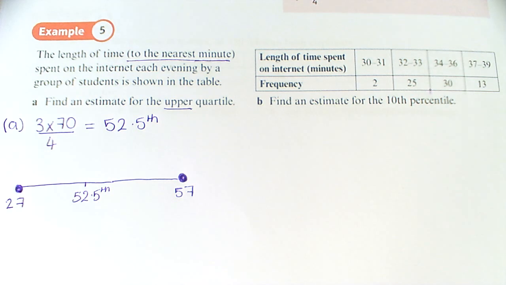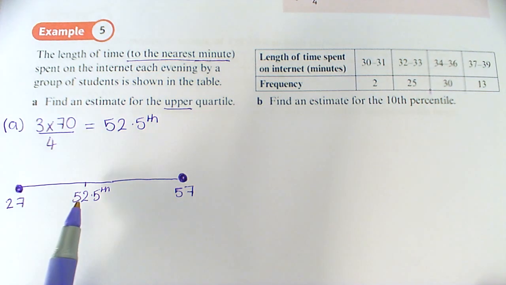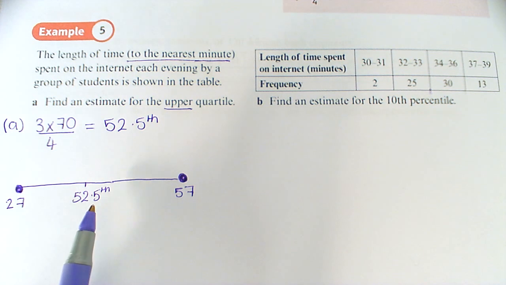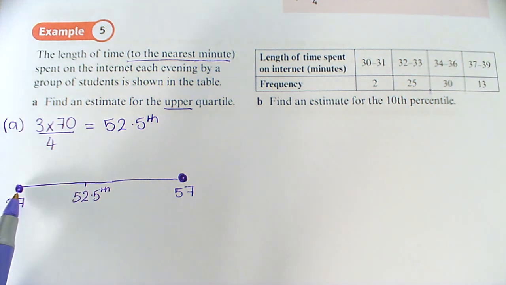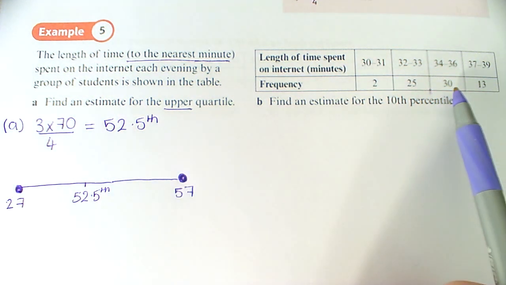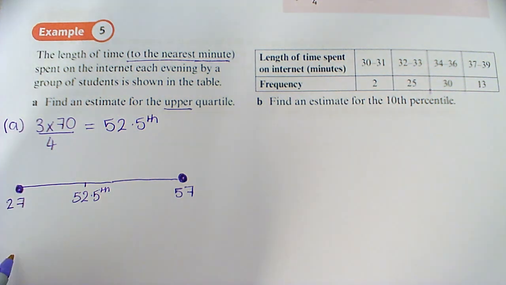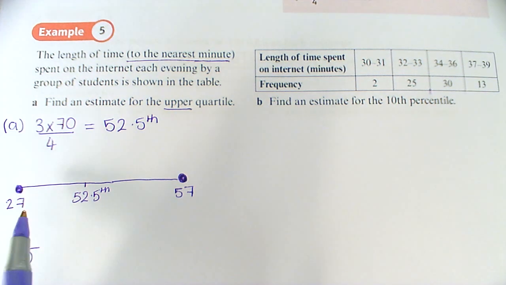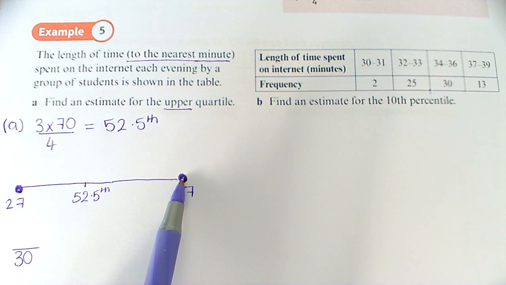The way I'm going to think about it is, what fraction of the way into this class interval is our 52.5 bit of data? To work that out, we need to consider the total size of the class interval, which is 30, because there are 30 bits of data in there. And then what fraction of the way in? It's not gone all the way in, so it's not 30 out of 30.